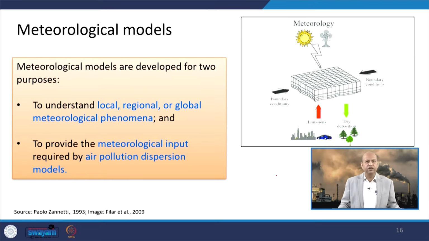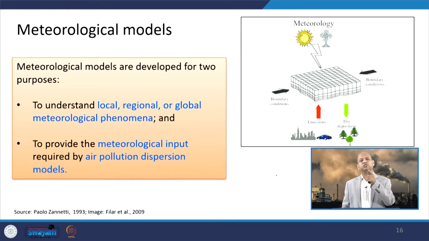When we talk about meteorological models, as I said, they help us in understanding local, regional or global meteorological phenomena. Because meteorological observations are at certain points, but you might need those values for other points where measurements are not there. So, these meteorological models will help you to get values at that particular point of interest, to provide the meteorological input required for air pollution dispersion models.